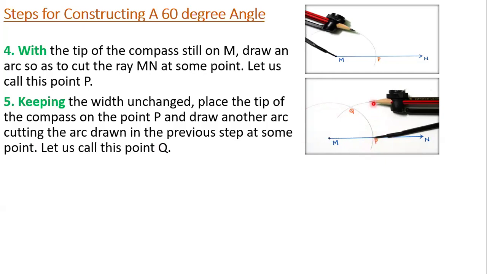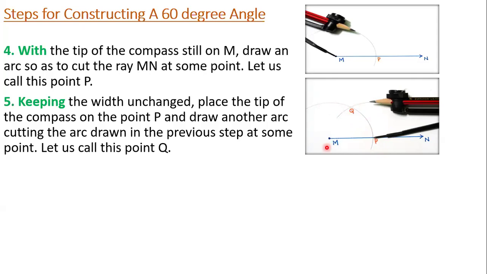Leave it the same. All you're going to do is take the tip of your compass, place it at P, and draw an arc which intersects with the first arc. The point at which they intersect, we're going to call point Q.